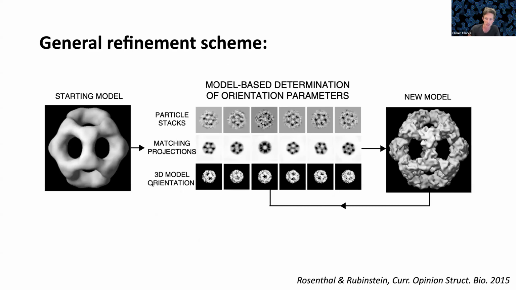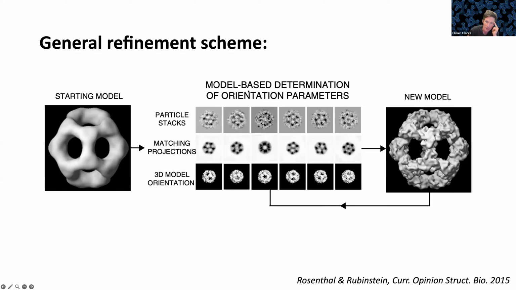All right. So just to set the stage, the general refinement scheme in cryoEM will start with a model of some kind, which can be derived, mostly these days, from de novo approaches, so from ab initio reconstruction involving stochastic gradient descent as implemented in either cryoSPARC or RELION. And then we'll go through an iterative procedure of projection matching.